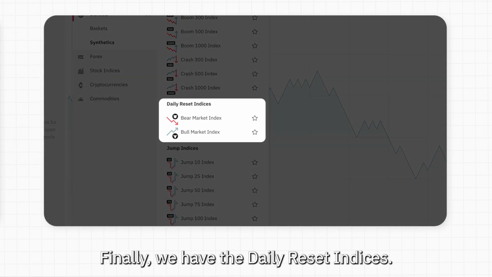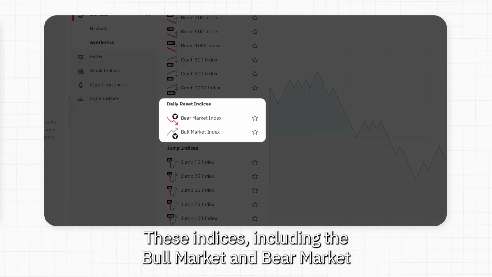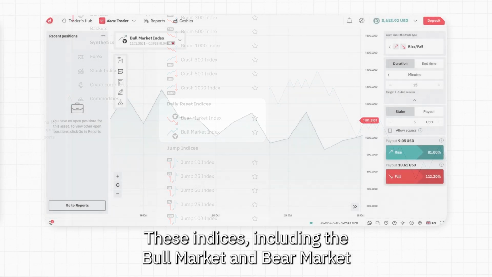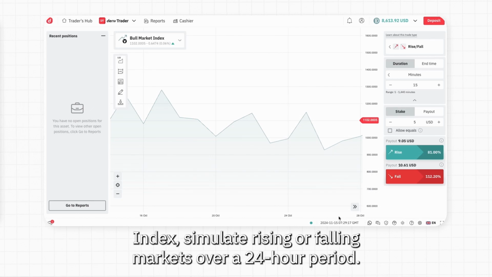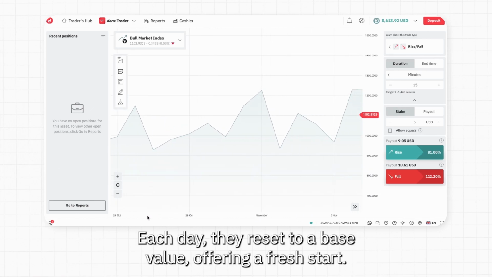Finally, we have the daily reset indices. These indices, including the bull market and bear market index, simulate rising or falling markets over a 24-hour period. Each day, they reset to a base value, offering a fresh start.